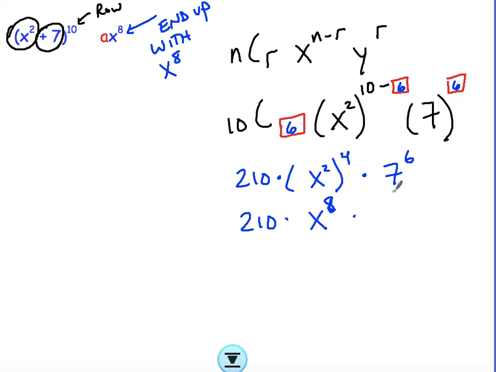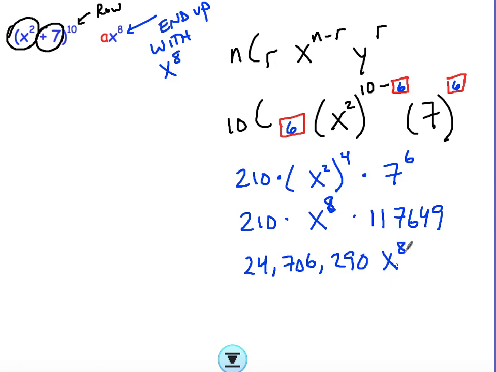And then I do 7 to the 6th in my calculator, and I get 117649. And I multiply those two numbers together, and I get this. And then I have my x to the 8th. And the question was asking for what is this coefficient in front of the x to the 8th? That's this number right here.